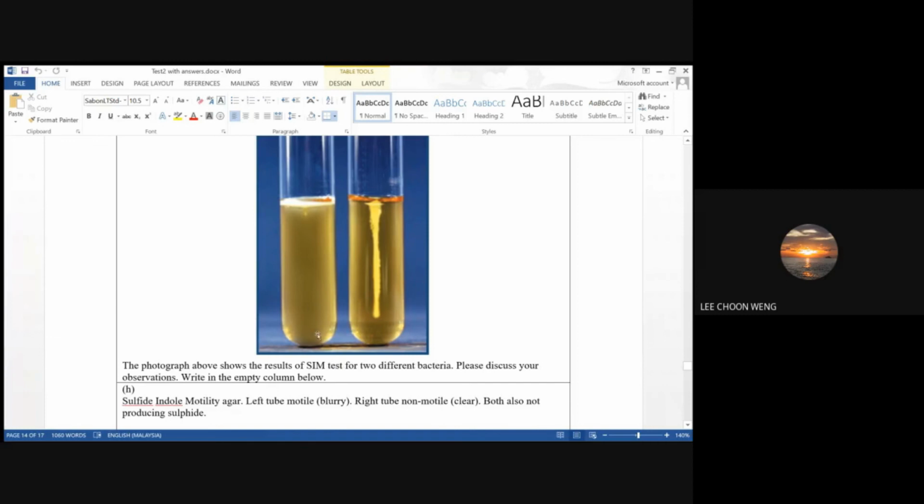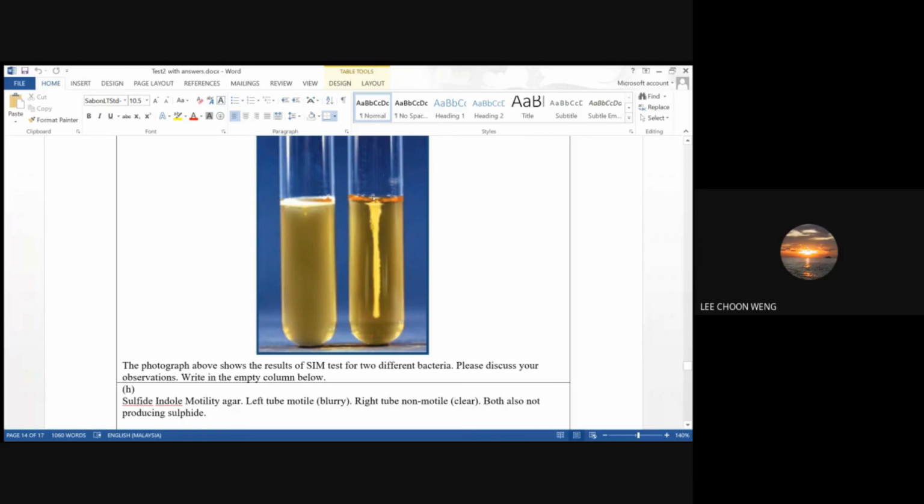Sulphide Indole Motility agar, the SIM test. So for motility agar, the agar is usually about 0.5%. Normal agar on your plate is 1.5 to 2%.